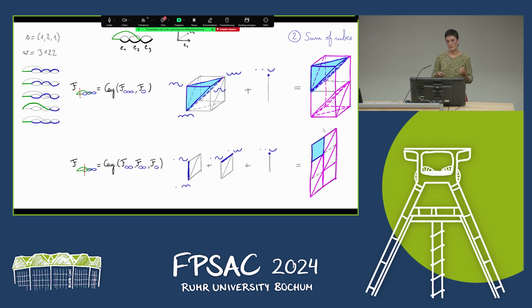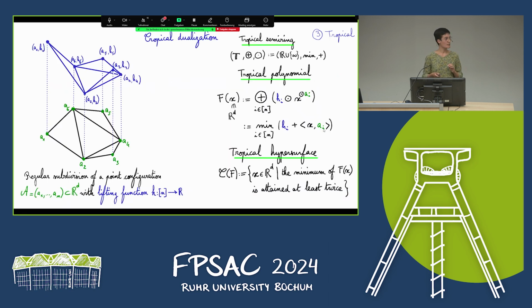And the last step is to dualize these constructions, and the convenient setting to do this is to use tropical geometry. So the general setting is that when we have a point configuration living in a space R to the D, and the lifting function which associates to each of our points a certain height, a real number, we have already seen such drawings, we can lift our points to one dimension higher and look at the lower faces of the convex hull of these lifted points.